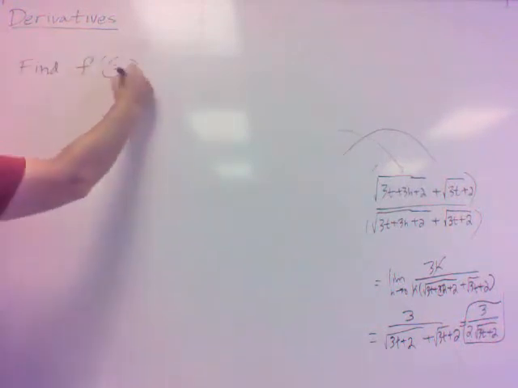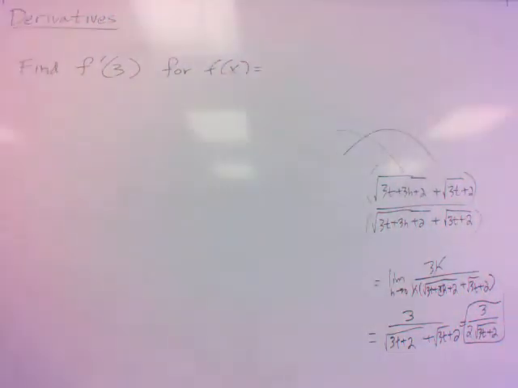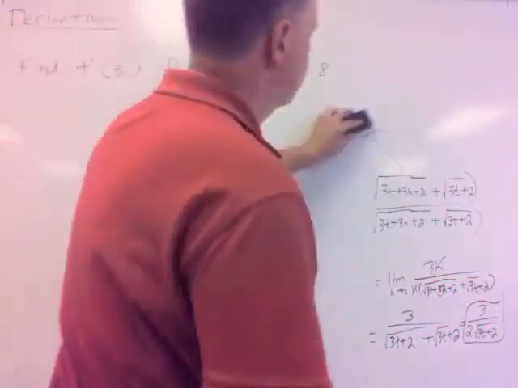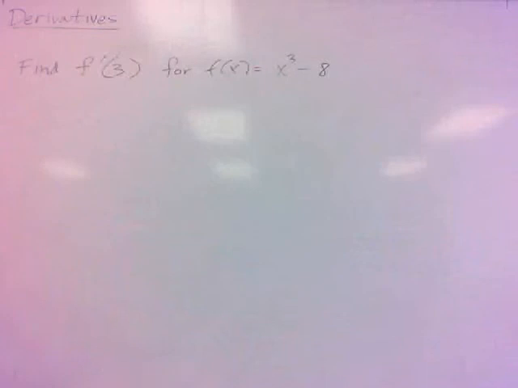Find f prime of 3 for f of x equals x cubed minus 8. I guess there's a couple ways you can approach it.